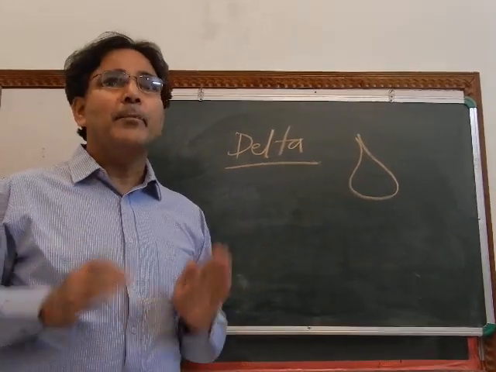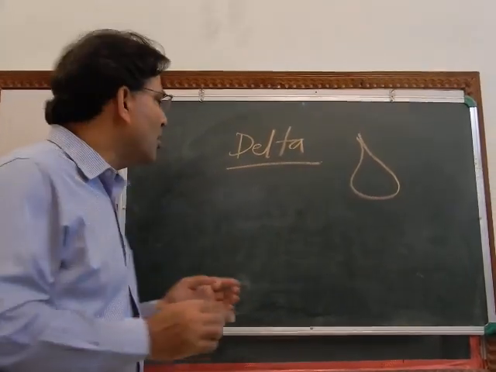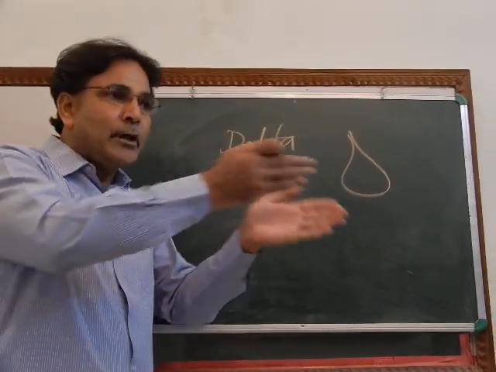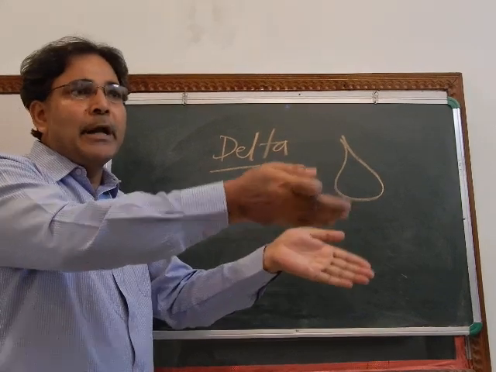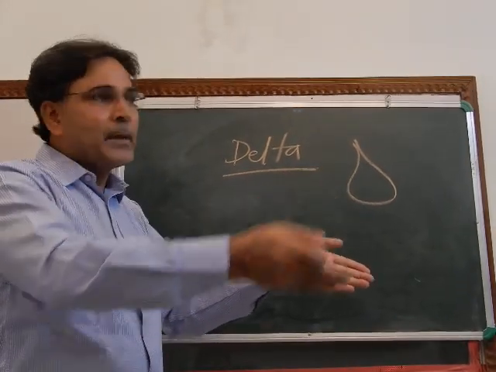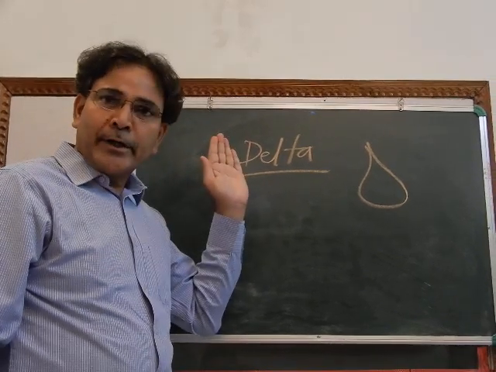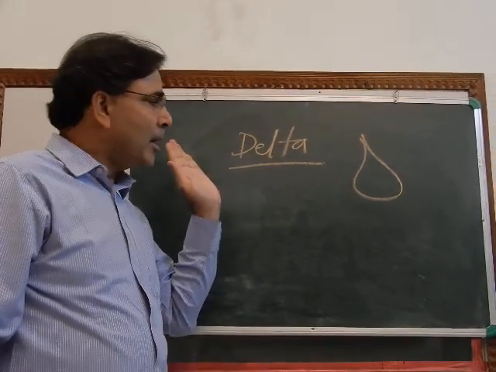Rivers are the most common agent which transport sediments from the continental part into standing water bodies, into lakes or into the oceans. They erode the sediments from the continental part, from the upland region, and transport them.